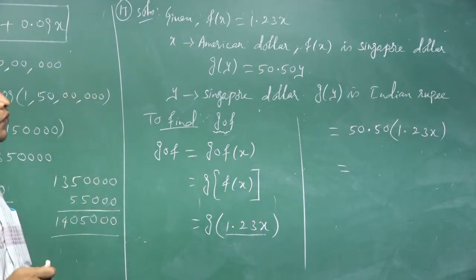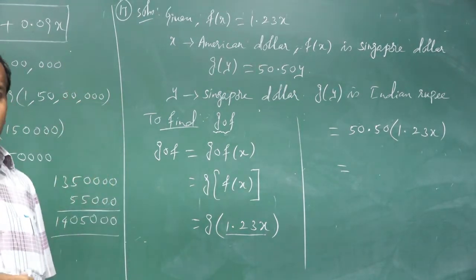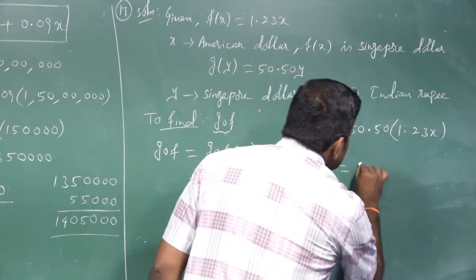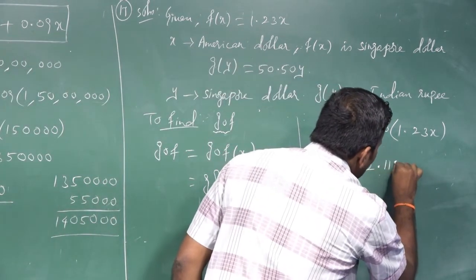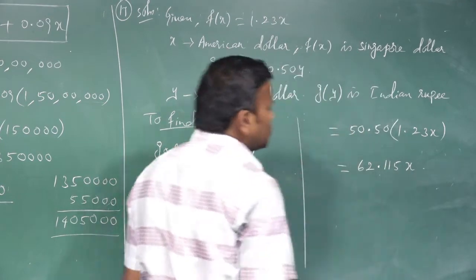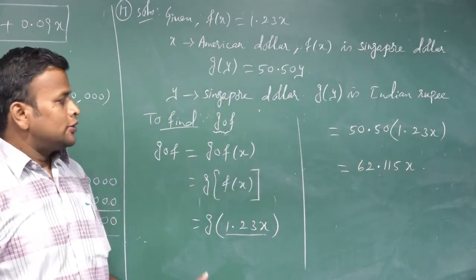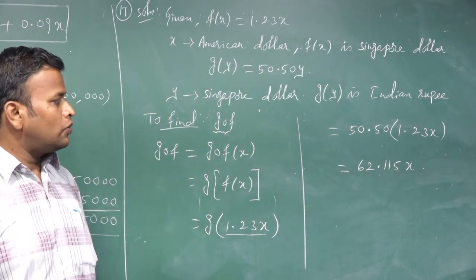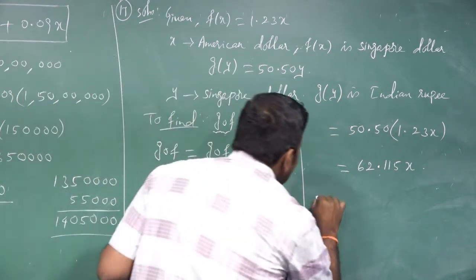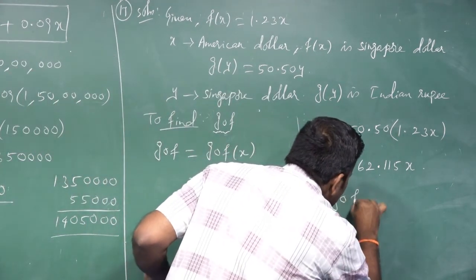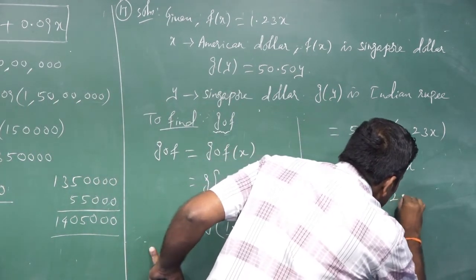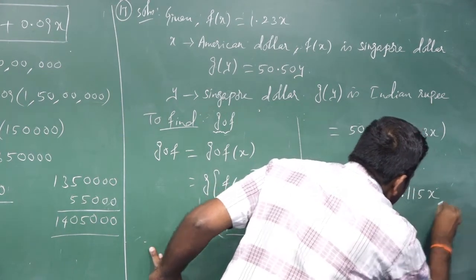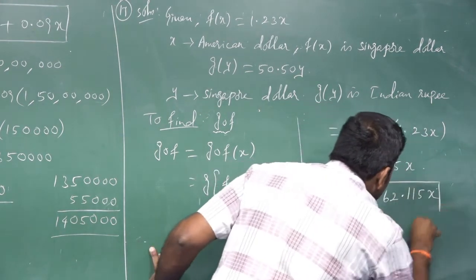This is 50.50 and 1.23. The final answer is 62.115x. We multiply briefly. So the answer is 62.115x. Therefore, G dot F, that value is 62.115x.